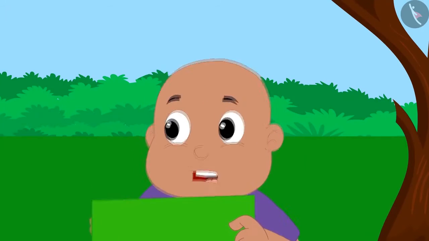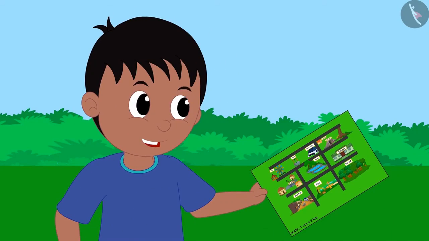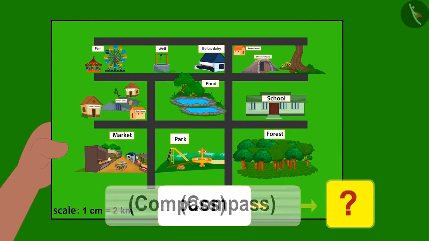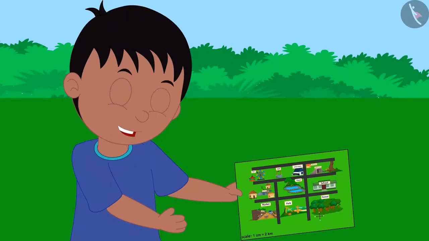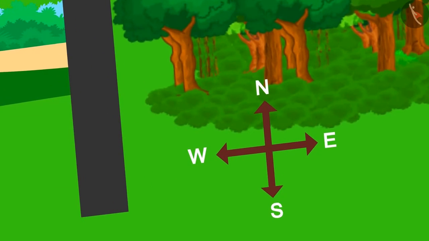No, where is that? Then Raju took a look at Bablu's map. Now I get it. There is no compass given on your map. But take a look. A compass like this is given on every map. Saying this, Raju showed Bablu the compass drawn on his map.